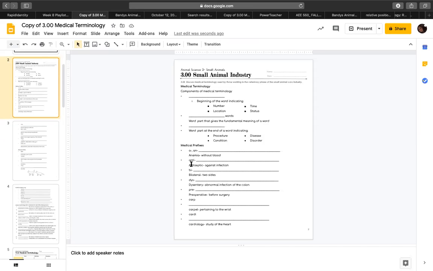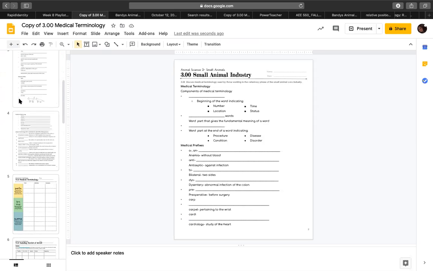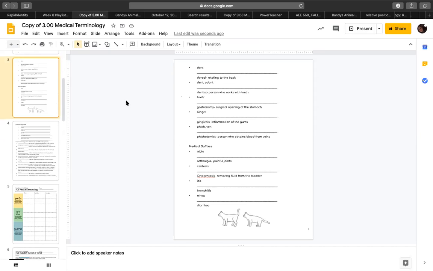And so you have the different meanings that we put, your different definitions. Gastr is stomach, I believe, surgical opening of the stomach. And then the rhea, obviously like diarrhea. Rhea is flow or discharge. Yeah, here is where you would find rhea.